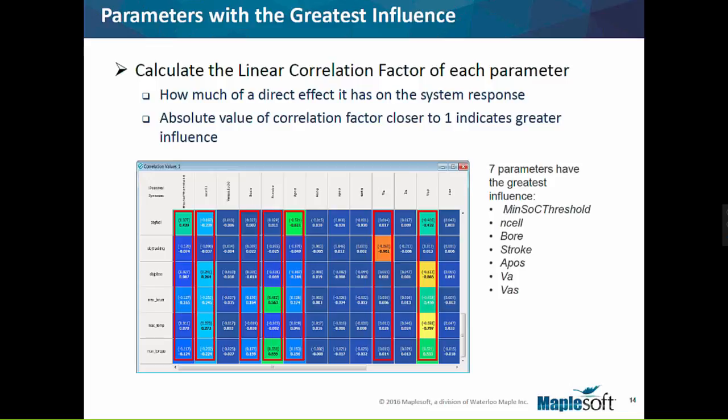So using engineering experience, a set of 13 initial parameters were selected, and by applying statistical modeling, tests were designed to determine which of them has the greatest influence on the system. By looking at the correlation matrix, a set of 7 parameters are identified as having the greatest influence.